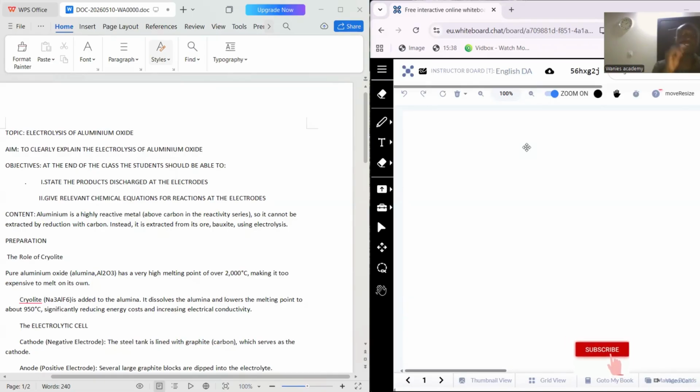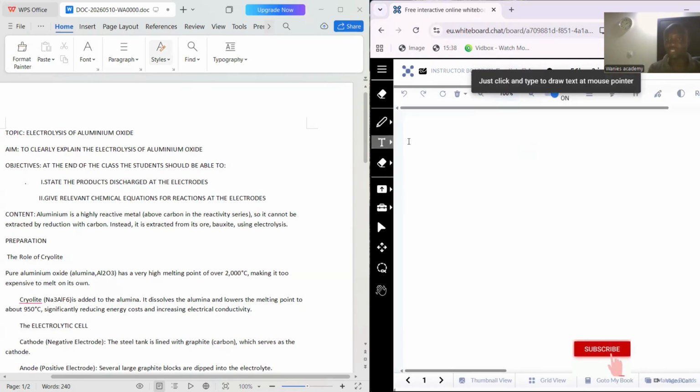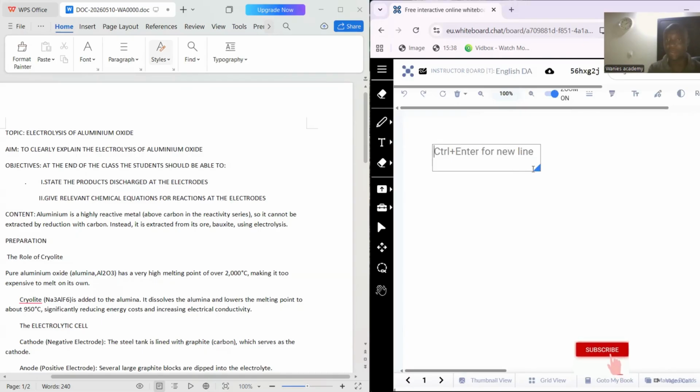Thus, aluminium is usually extracted from its ore, which is called bauxite. The ore of aluminium, the natural form of aluminium, is called bauxite, and that is loosely what we call aluminium oxide, which is also called alumina.